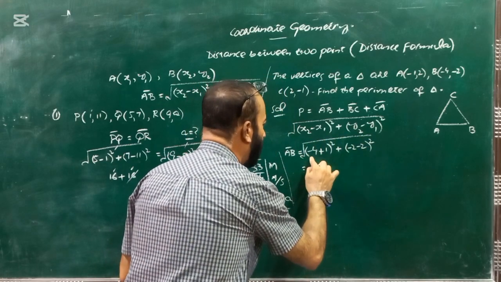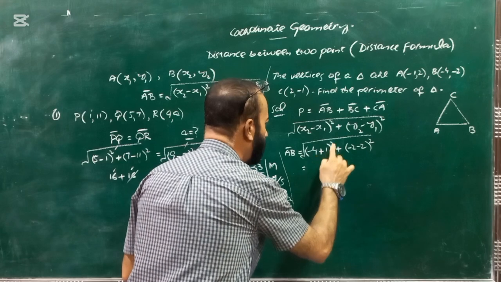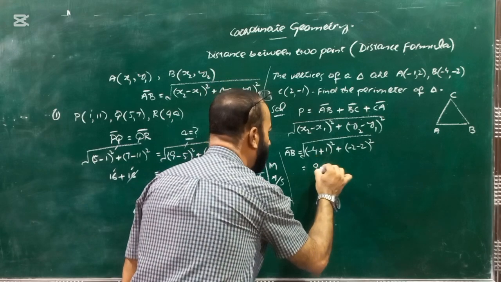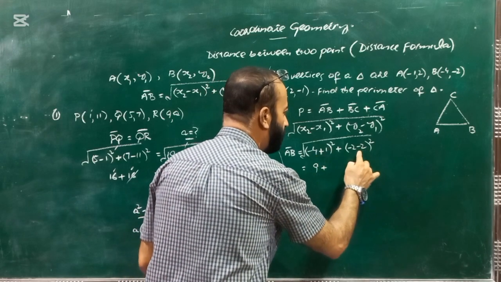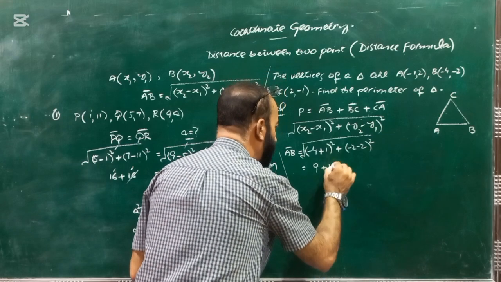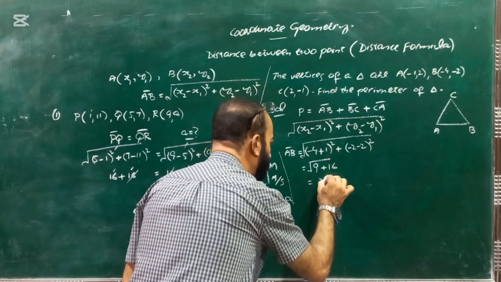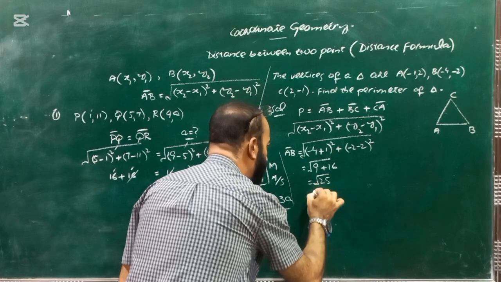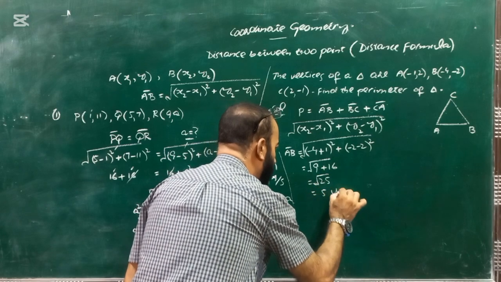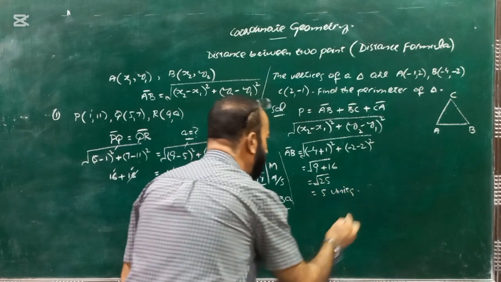So minus 4 plus 1 will be minus 3, square will be 9, plus minus 2 minus 2 is minus 4, square will be 16. So 16 plus 9 will be 25, the root of that is 5. So one thing is done.